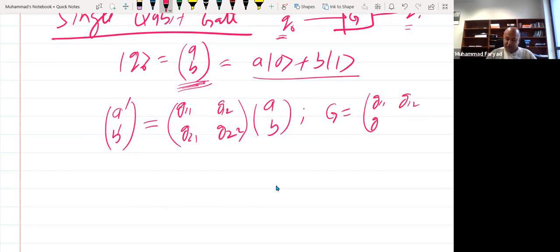And really speaking, you can do all of the quantum computing analysis and algorithm building using these matrices. You don't have to go to Dirac notation. The only trouble is that as the number of qubits increases, the size of this matrix increases exponentially. So it becomes extremely hard. That's why working with the Dirac notation is much easier.